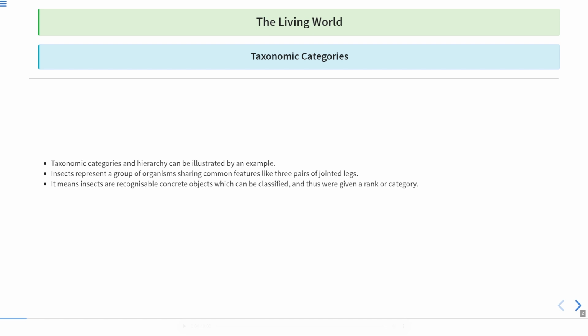On this characteristic you are able to group organisms by the name insects. So insect is a rank or a category. Every rank or category must have its own characteristics. Very important: a species must have its own characteristics.